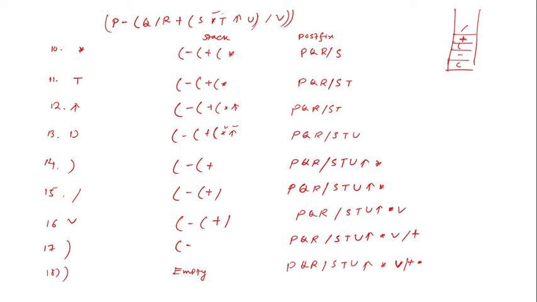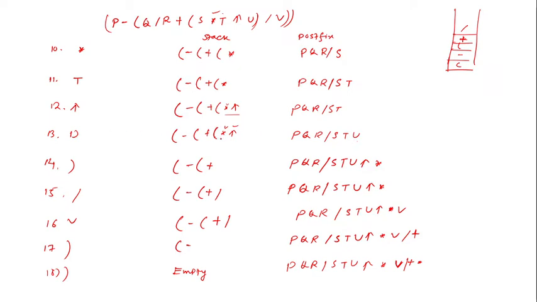Here we can store it, because the star is lower priority and the arrow is higher priority. If we have a lower priority operator on the stack, you can store the higher priority operator on top of it. So pqr slash st, then u can be stored here, stu.